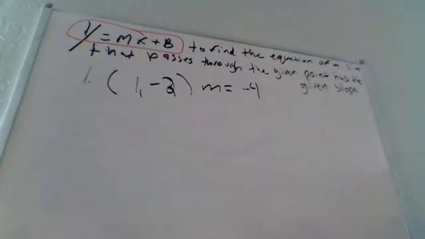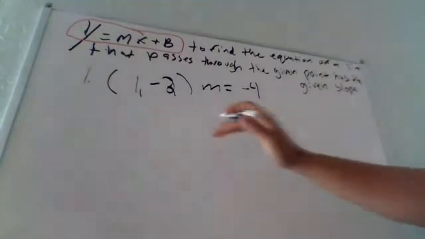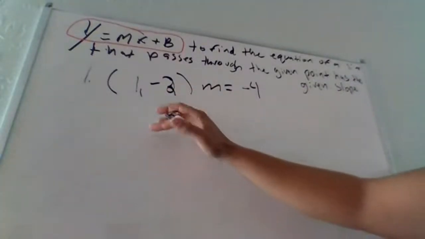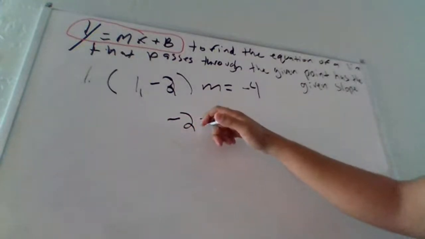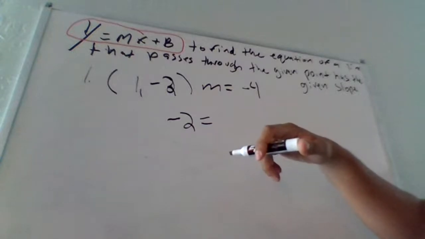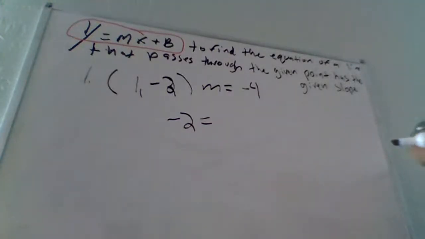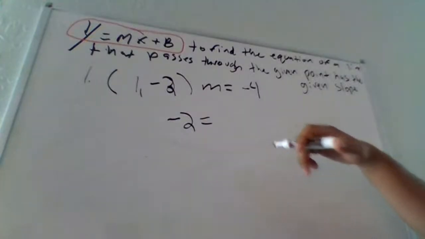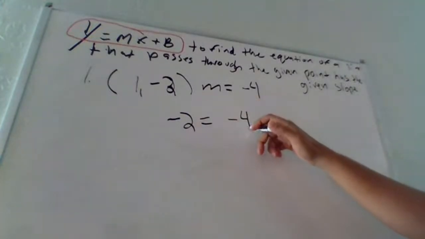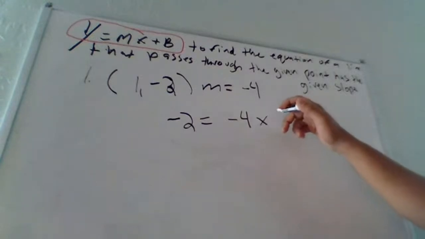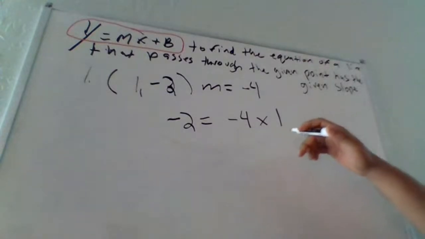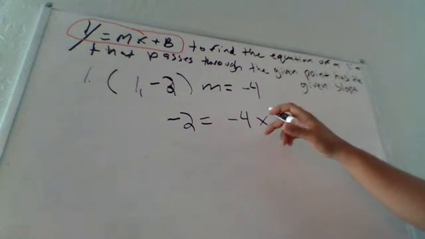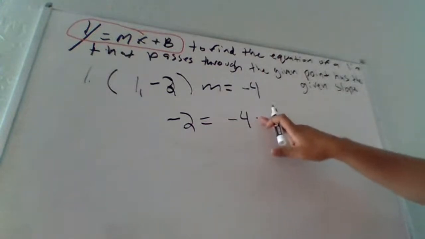Okay, go ahead. So the pair is 1 and -2, which means y is -2. Okay, good. So what am I going to be writing down? Write down -2 equals -4, the slope, multiplied by 1, in the parentheses, plus b.